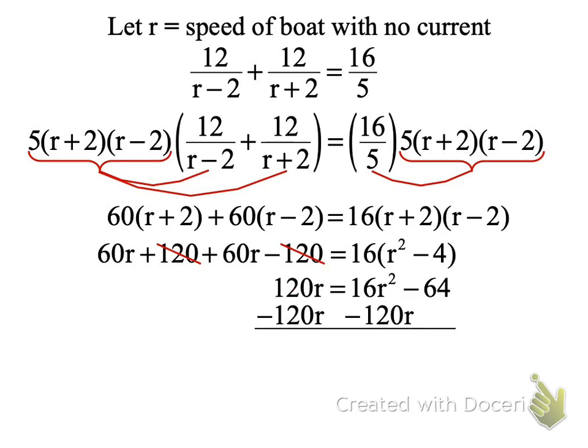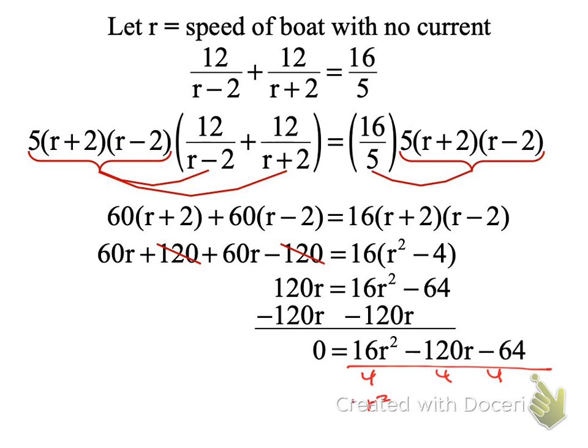Set it all equal to 0. And now what can we do? Does 16 go into 120? I know we can divide by 4. I can divide by 4, so I get 4r squared minus 30r minus 16.